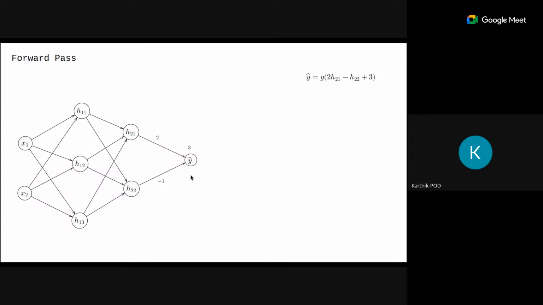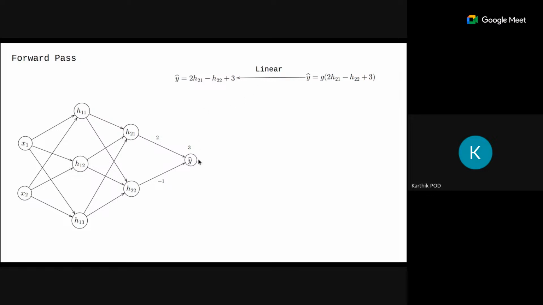Now finally, when you come here, this is where things get slightly different. This is 2 times the hidden neuron's value here, minus 1 times the hidden neuron's value, plus 3. 3 is the bias. Depending on the problem you're solving, the activation function for your output neuron can be either linear or sigmoid.